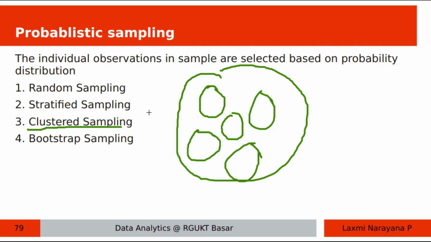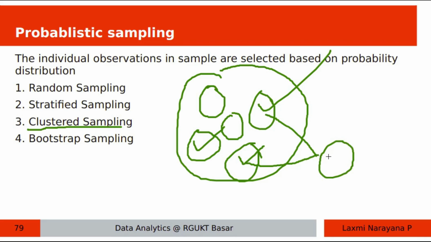In stratified sampling, you will select some proportion from each stratum and you will include that in final sample. But whereas in clustered sampling, some clusters will be selected randomly, might be this one and this one and this one. All the samples from these three clusters will be included within the final sample.